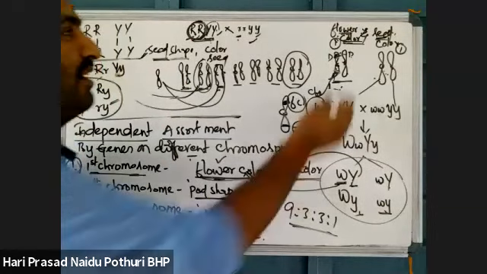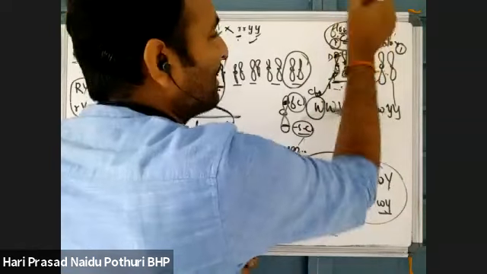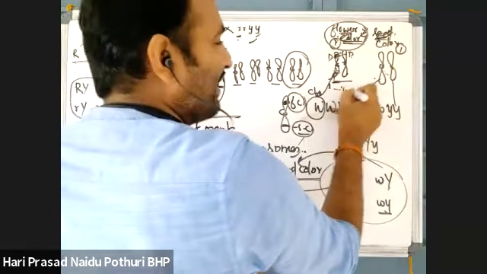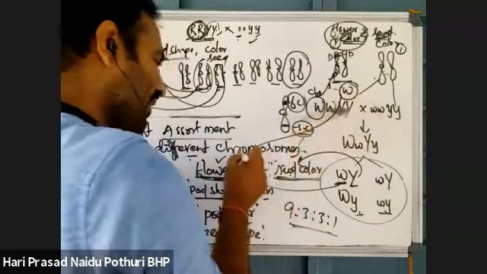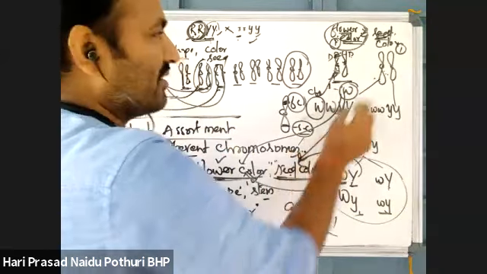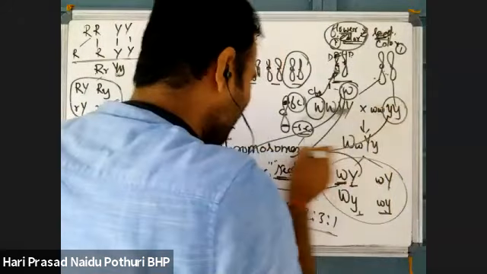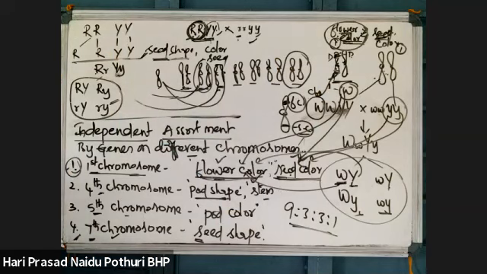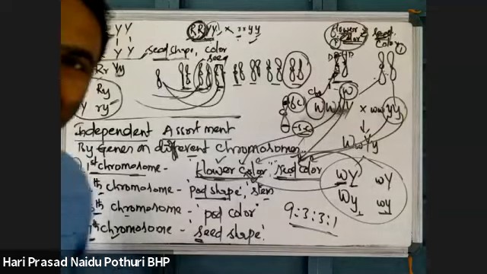Yes or no? One chromosome is carrying flower color and seed color. W carries flower color, seed color, both characters. Y also carries both flower color and seed color. Okay, understand?